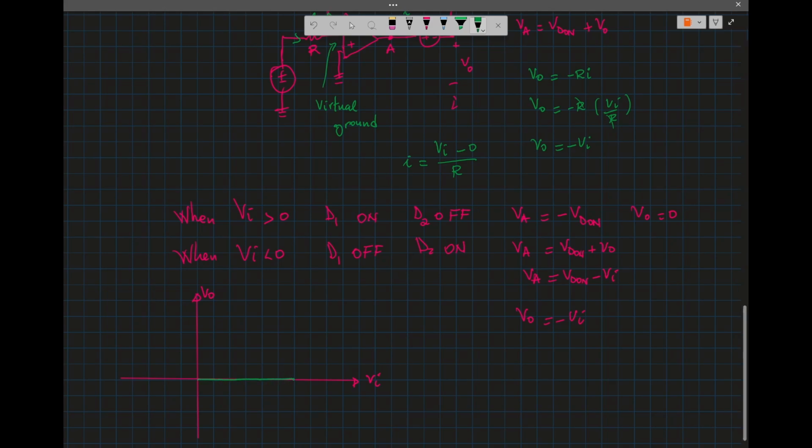And then when it's negative, we have a slope of -1, so V0 equals negative Vi. This is V0 equal to 0. So VA equals this, and V0 equals negative Vi.